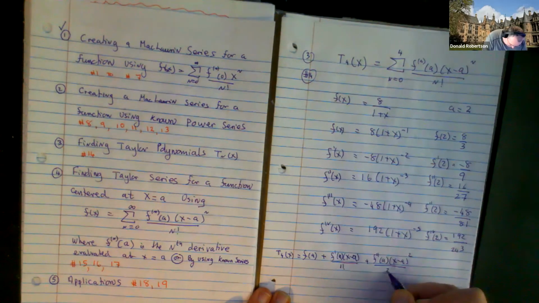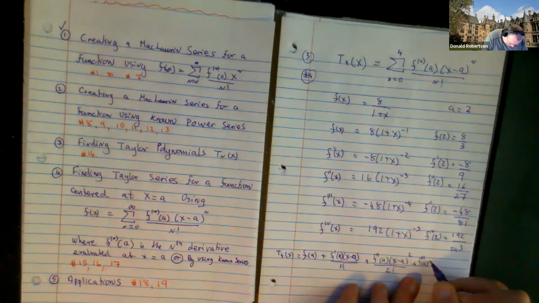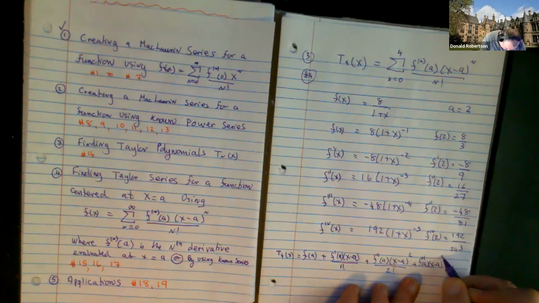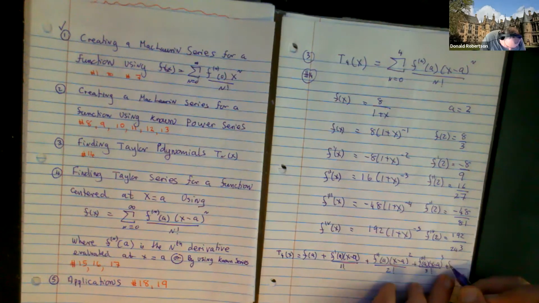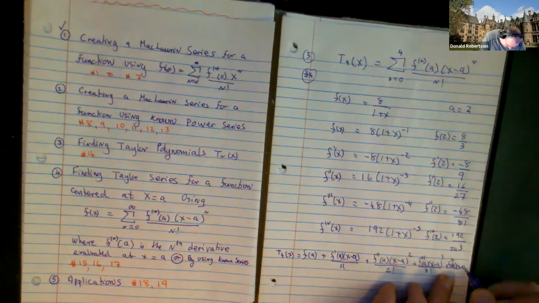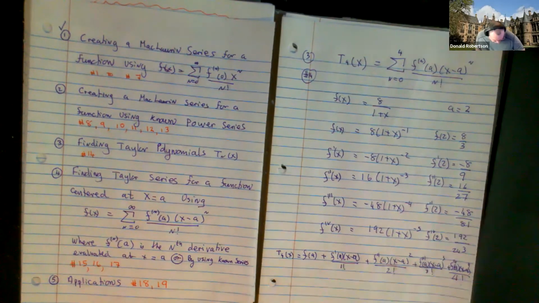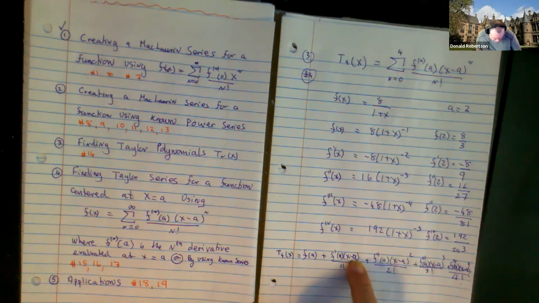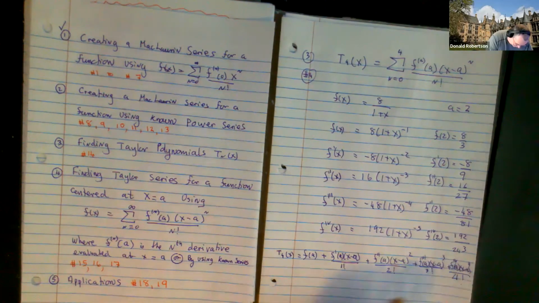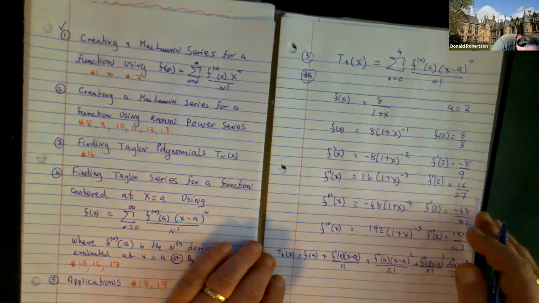The third derivative at a, x minus a cubed all over 3 factorial. And lastly, if I don't have enough room, just pretend that you can see some of it. A is going to be 2 in this case. So these a's here are going to be 2s.